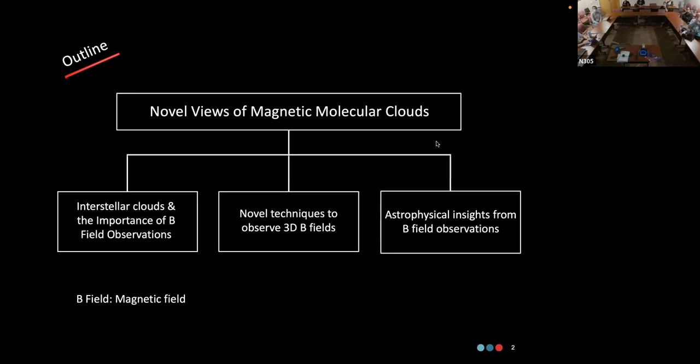Then I'll talk about the novel techniques that we developed to reconstruct the complete 3D magnetic fields associated with molecular clouds. And finally, I'll discuss the astrophysical insights that we can gain from these 3D observations. One thing I'd like to emphasize is that when I say 3D, I mean real 3D, so in position space, including the vector direction.